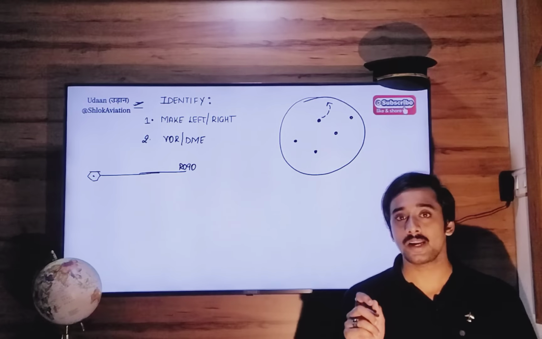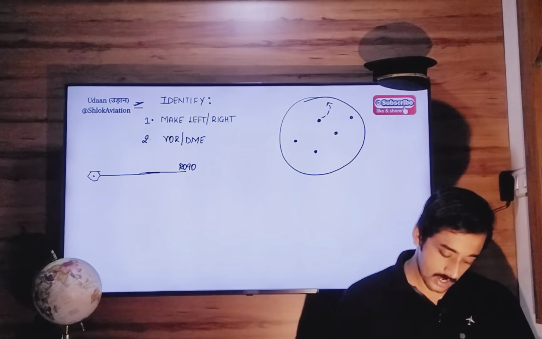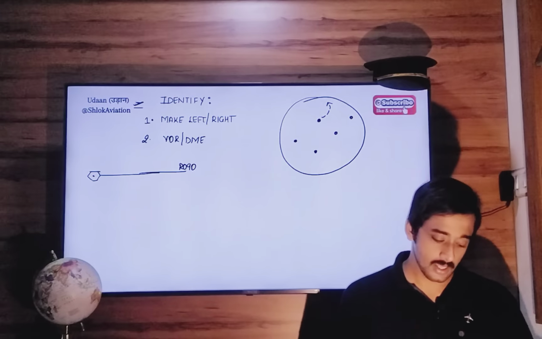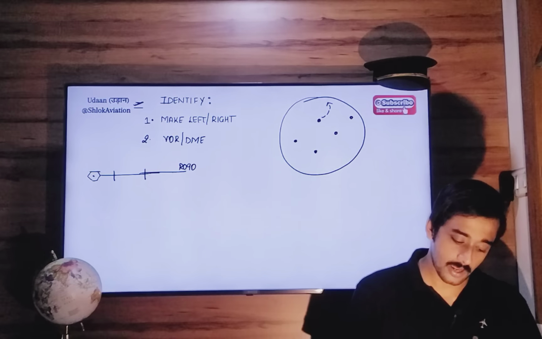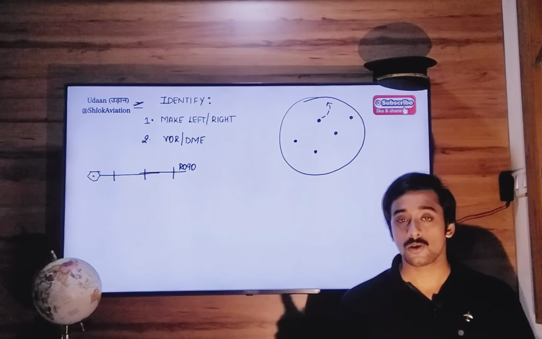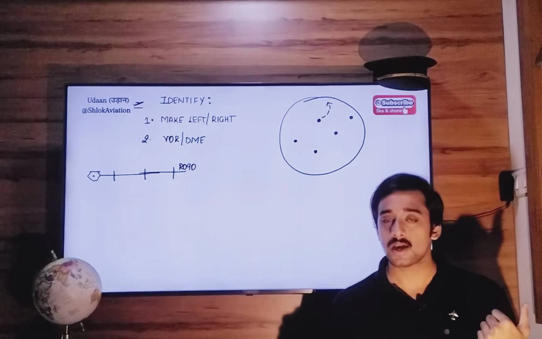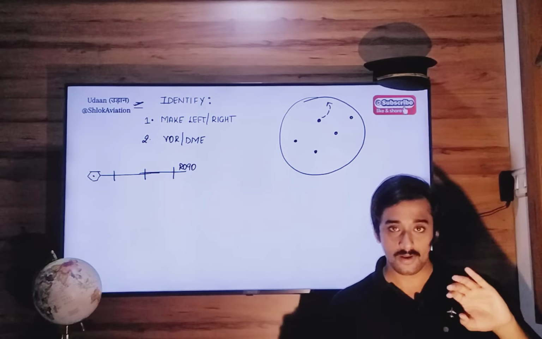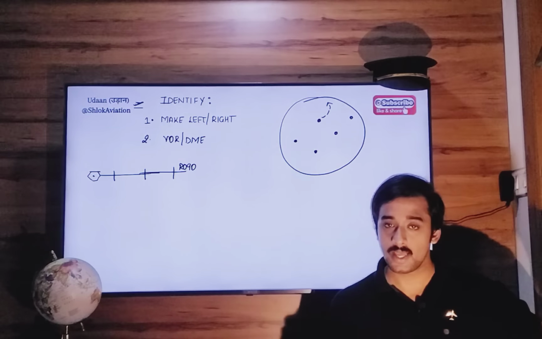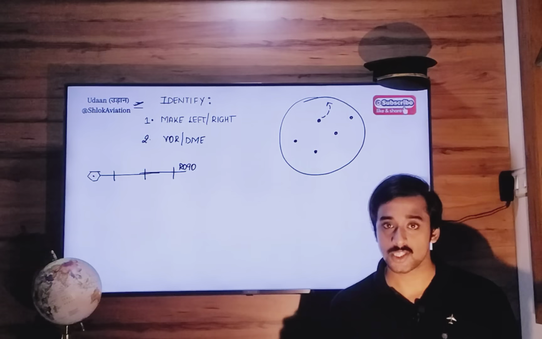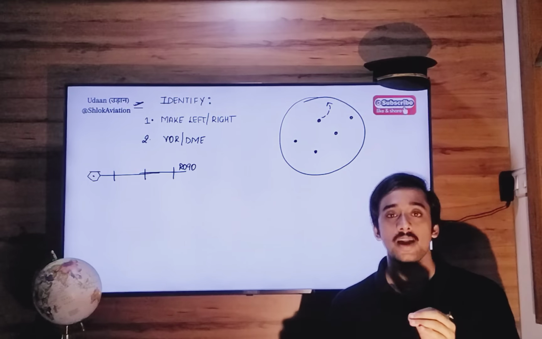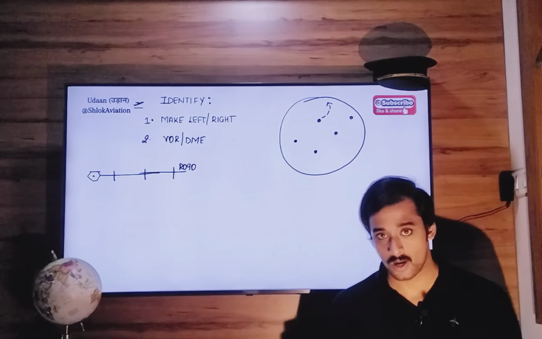If you are on radial 090, you can be anywhere on that radial. You can be here, here, or here. So you need a particular pinpoint position, and that's where DME comes in the picture. Along with the VOR radial information, when you add DME information, you will be able to find an accurate position from that VOR station.